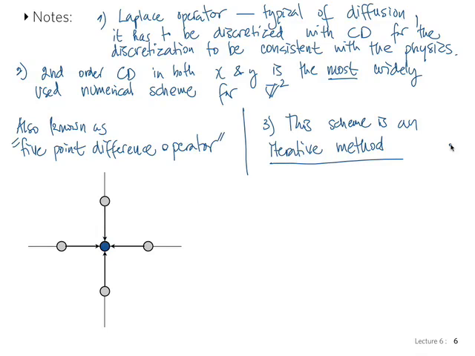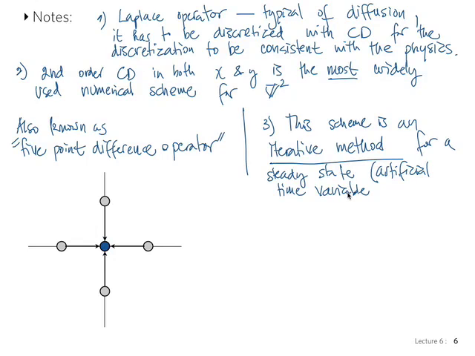Remember, the time derivatives don't appear. So it's a steady state pressure. And this iterative method is equivalent to a time variable. It's an artificial time variable.